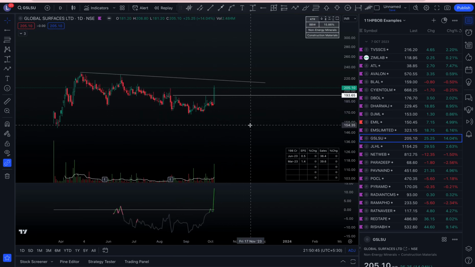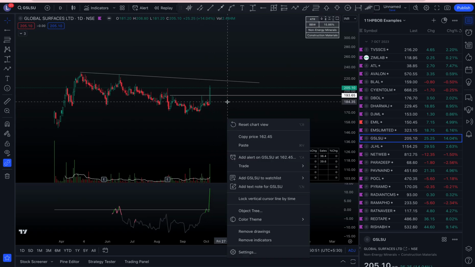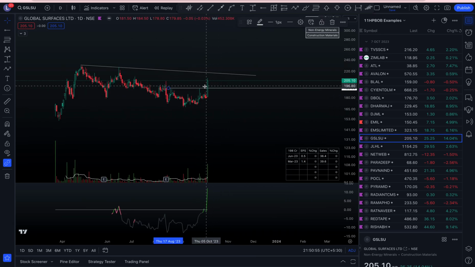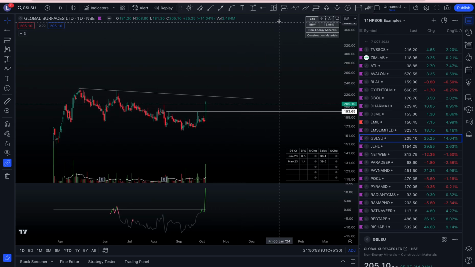But again, this is the better entry. Why is this not a great entry, although it's a fair entry? Because what we want to trade is the breakout of the absolute base, because then the probability of getting a longer follow through, a longer move, is very high, right?